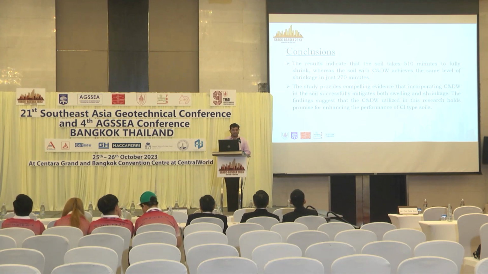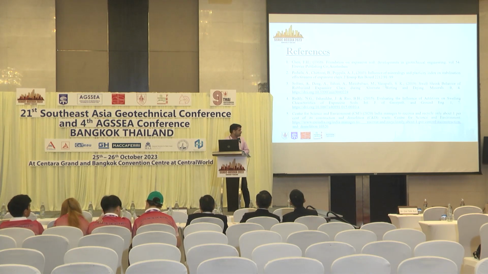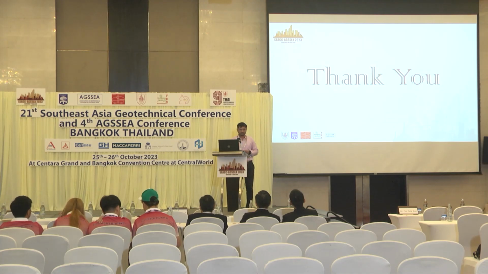The results indicate that the virgin soil takes 510 minutes to dry up to the shrinkage limit, while the contaminated soil takes 270 minutes. From this study, I can say that C&D waste is very good for stabilizing intermediate plasticity clay. These are the references which I used. Thank you.